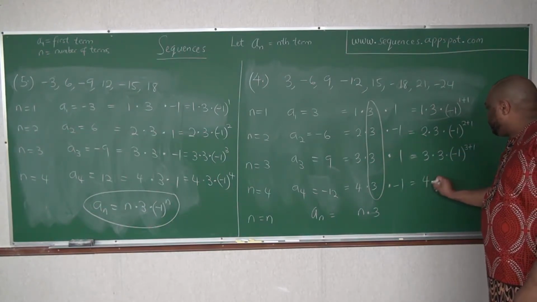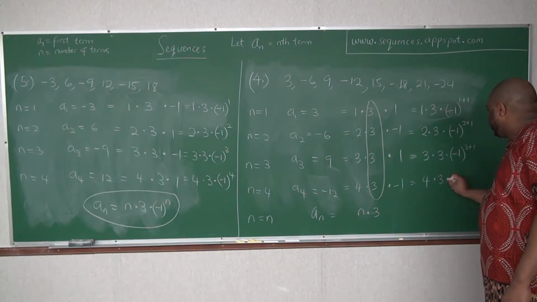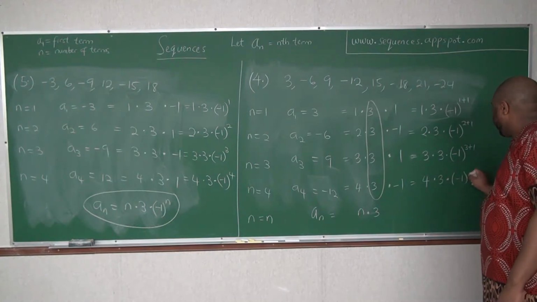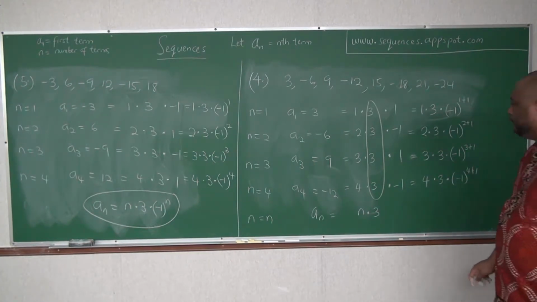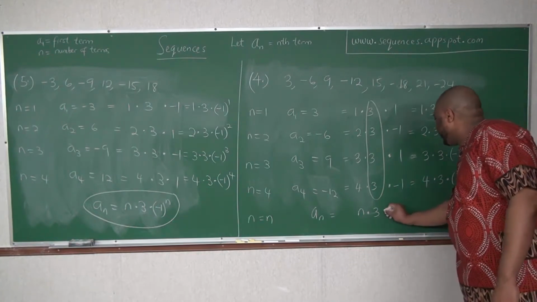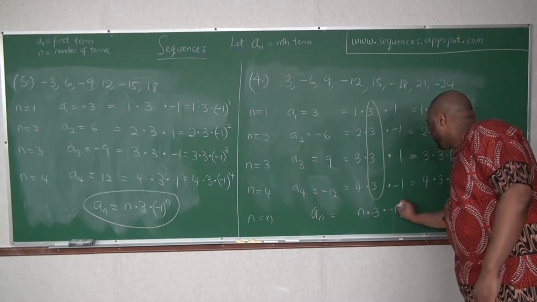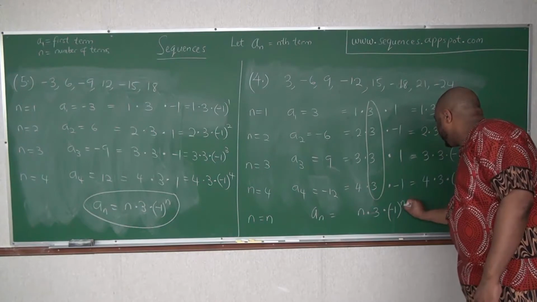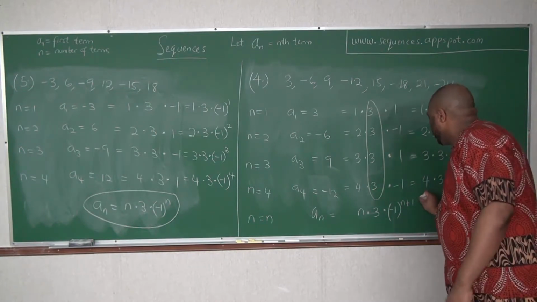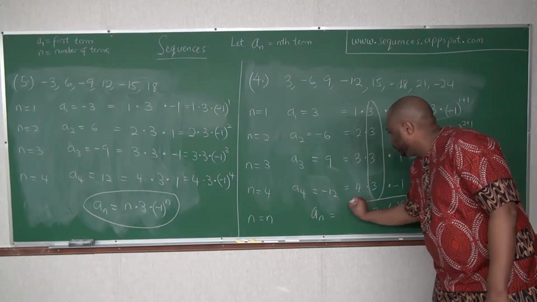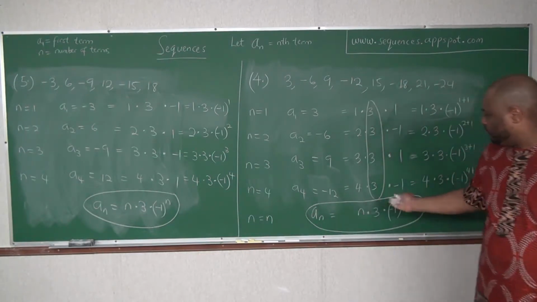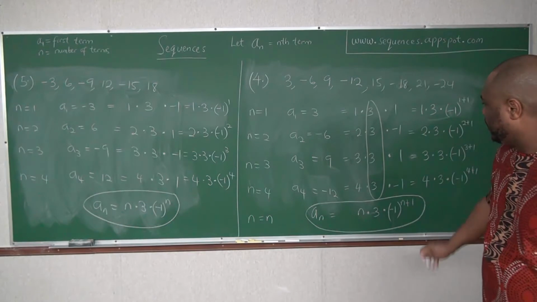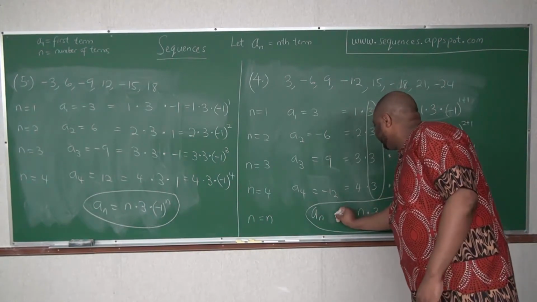Here this will be 4 times 3 times negative 1 exponent 4 plus 1 to give you that. So what would this now be? This will be n times 3 times negative 1 exponent n plus 1. And this becomes your answer.